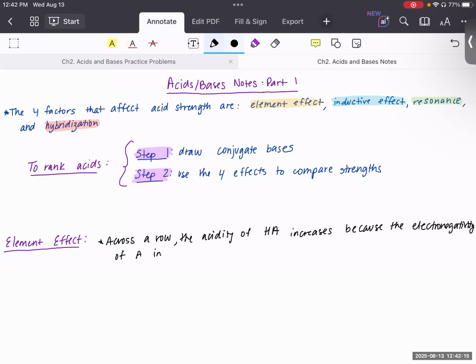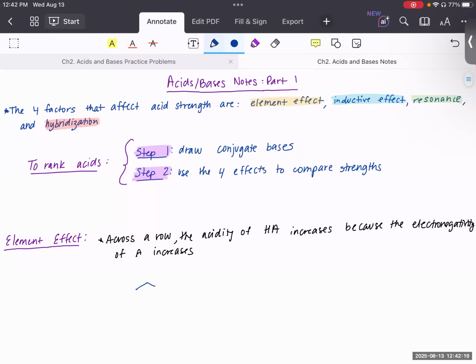And so what this would look like is that a hydrogen bonded to a carbon is going to be less acidic than a hydrogen bonded to a nitrogen, which is going to be less acidic than a hydrogen bonded to an oxygen. And then fluorine would obviously be the most acidic here.